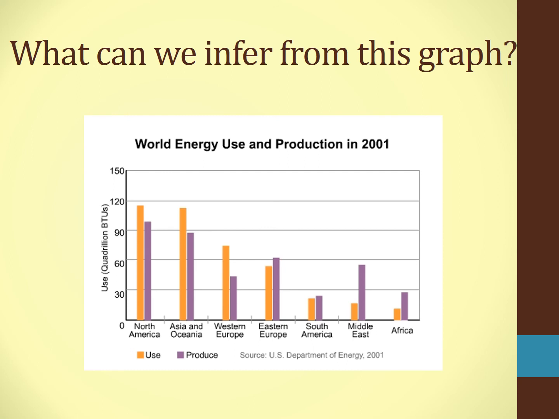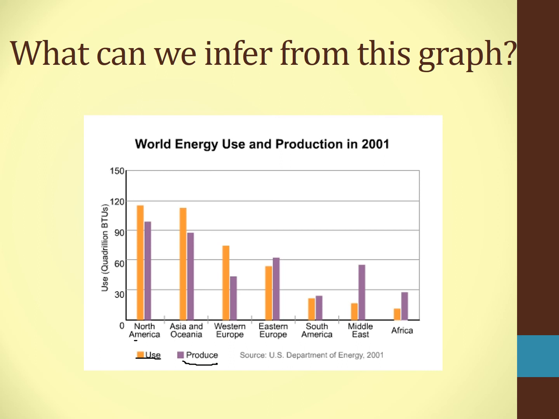Down here along the bottom are the different regions: North America, Asia, Western Europe, Eastern Europe, and so on. The yellow is the use, and the purple is the production. So how much they're producing versus how much they're using.